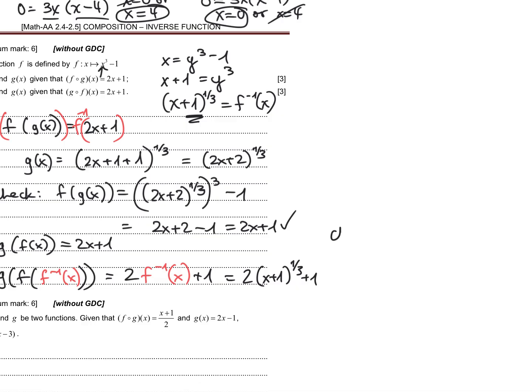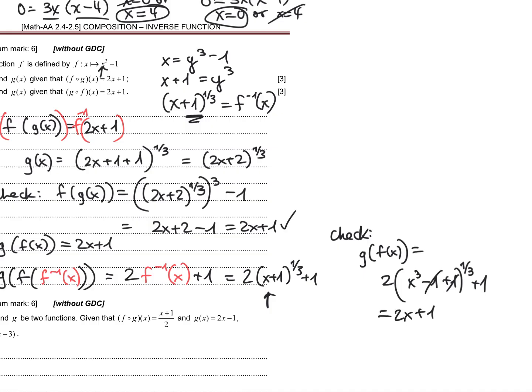All right, and if we check it, we want g of f at x, and we want x cubed minus 1 into that. So we're going to have 2 times x cubed minus 1 plus 1 to the 1/3, plus 1. So those cancel. x cubed to the 1/3 is x, so just what we wanted.